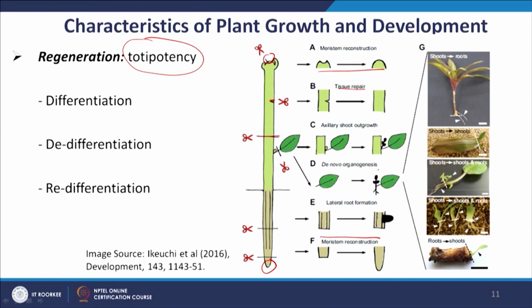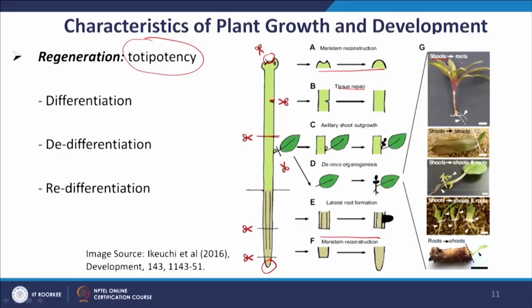Another very important thing is de novo organogenesis. This is a property of the plant cell. If you take any part of the plant, which we typically use in tissue culture and call an explant, there is a genetic program through which you can generate full plants or full plantlets.